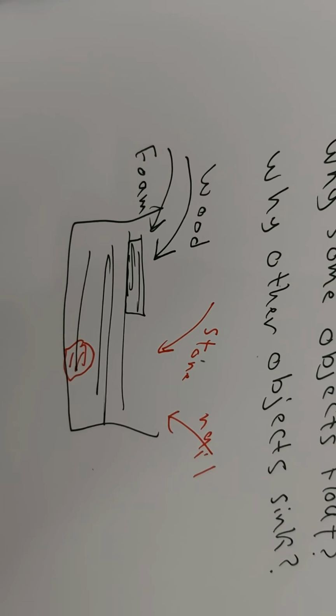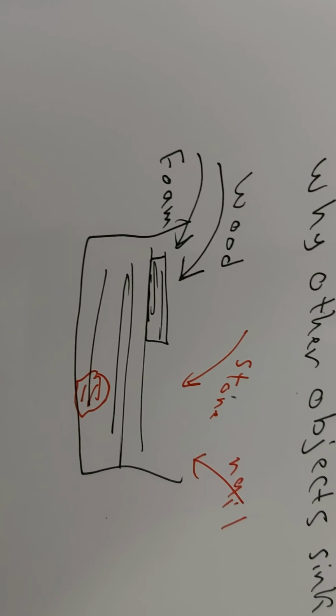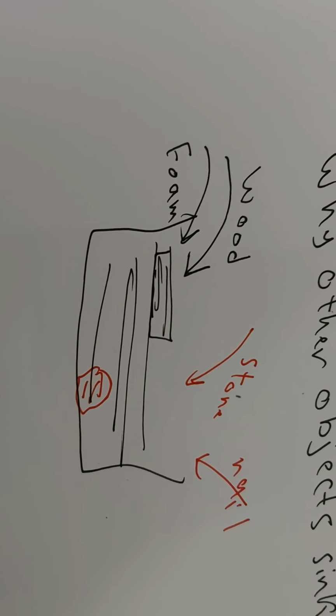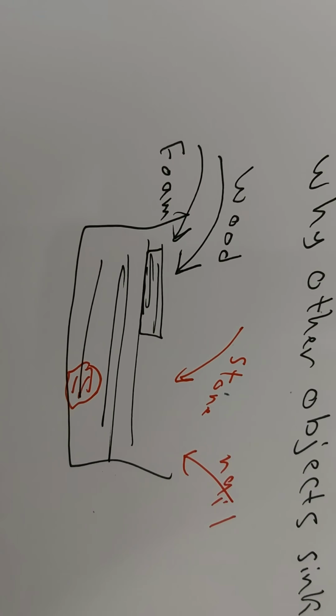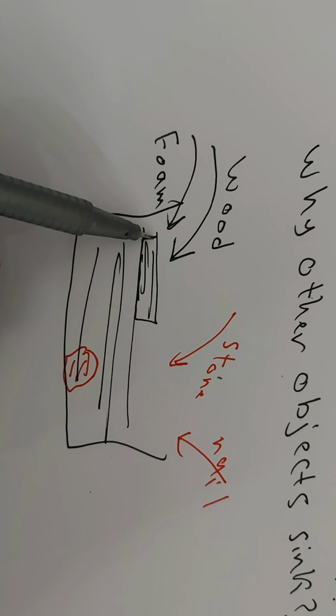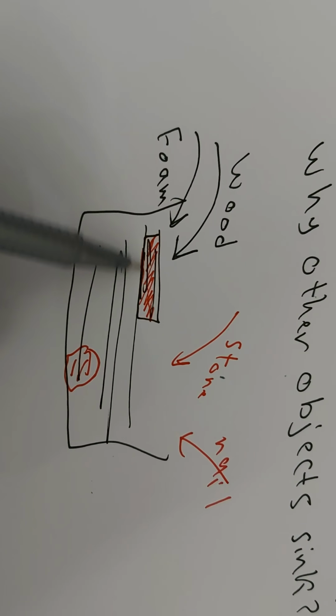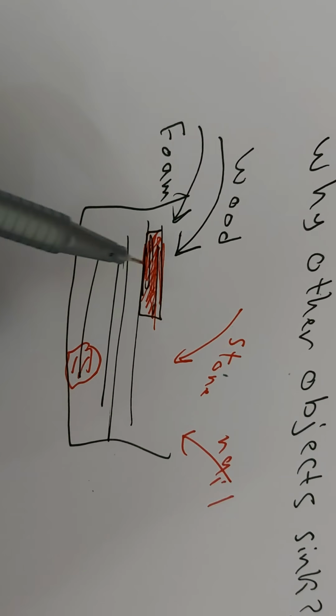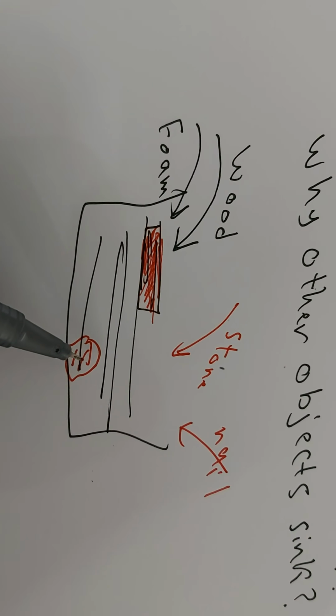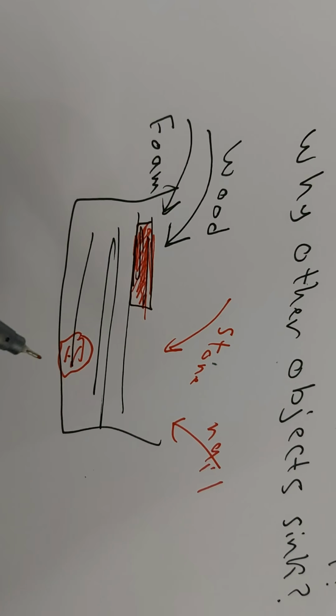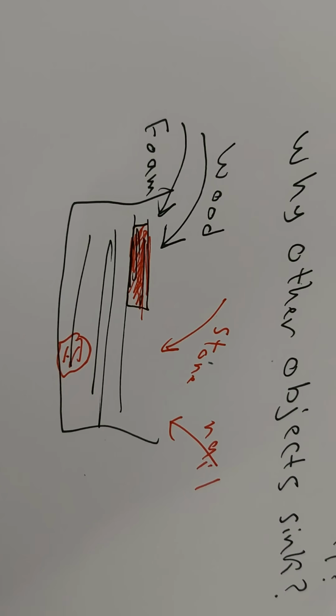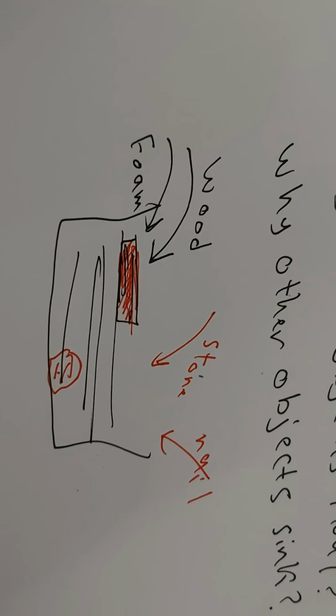Why do some objects float and others sink? Okay, a big piece of wood will float and a small nail will sink. So the answer is not because of the mass, it's because of density, mass over volume.